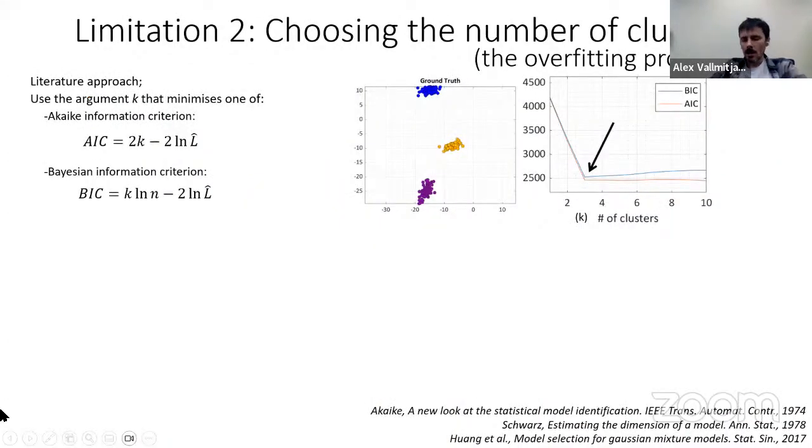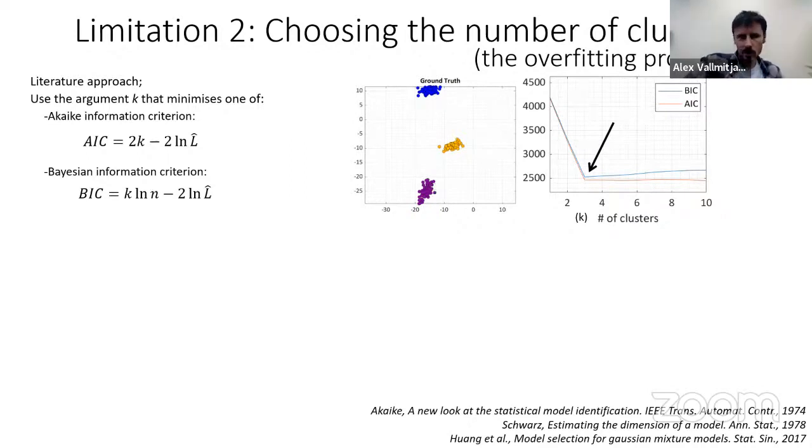And the other one is choosing the number of clusters. This has been a problem since the very beginning. People are still working on this. It's hard to find an automatic way to figure out the number of clusters. When it's very easy like this, you can all tell it's 3 clusters. But I could argue that the best model for this data isn't 3 clusters. It is actually a model in which you have 1 cluster for each point. If you stick 1 Gaussian on top of each point, that would be a perfect model.